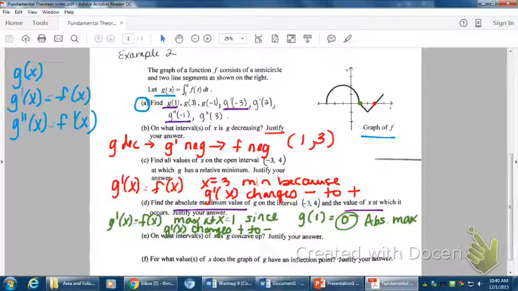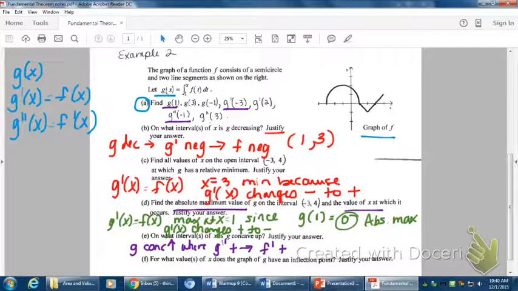Alright, E wants to know where g is concave up. So g is concave up where g double prime is positive. And out to the side, we already know that g double prime is f prime. So really I want to know where f prime is positive. Alright, the graph that I have is f. If I want to know where its derivative is positive, then I'm thinking about positive slopes.